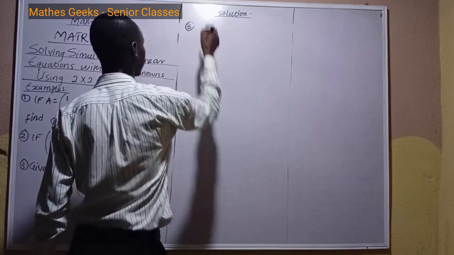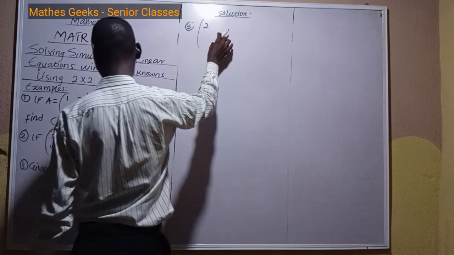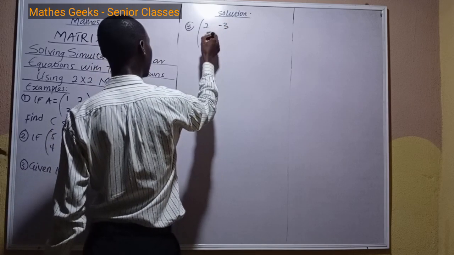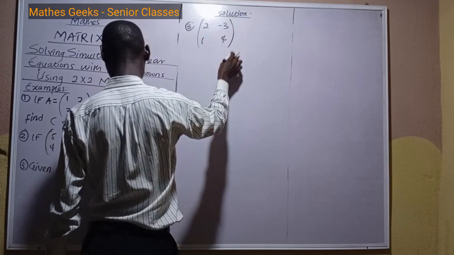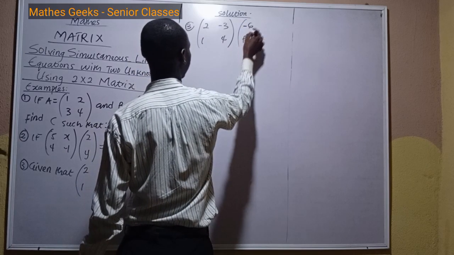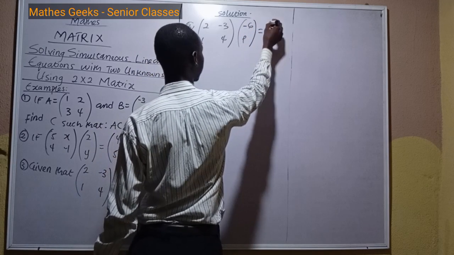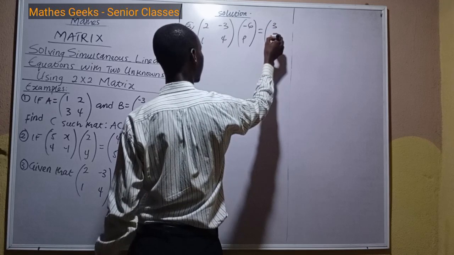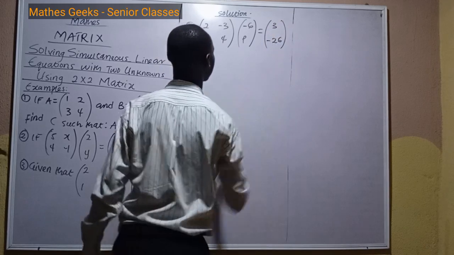Actually, given that 2 minus 3, 1, 4 multiplied by minus 6, p is equal to 3, minus 26.